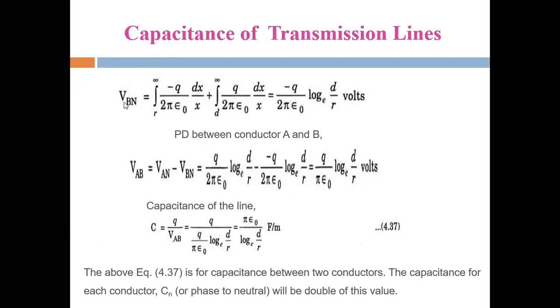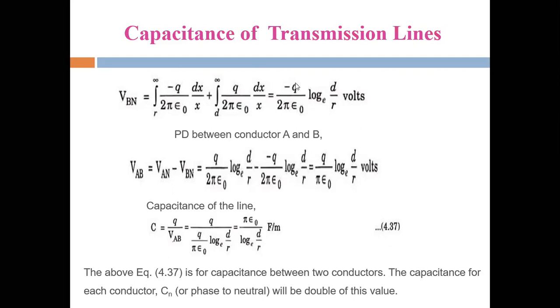The distance between conductors A and B, or B and A, is d. That's why we take the integral from d to infinity of Q by 2 pi epsilon naught dx by x.